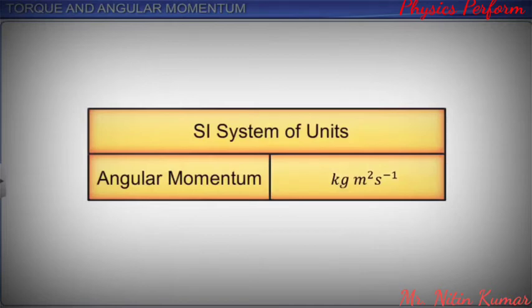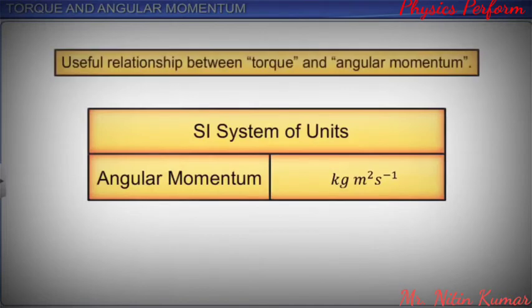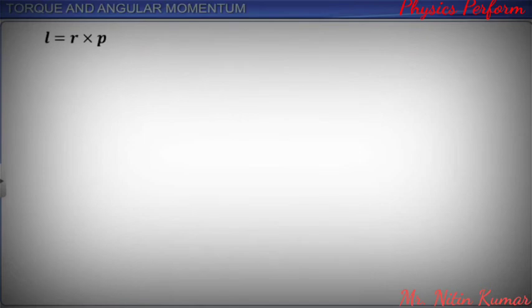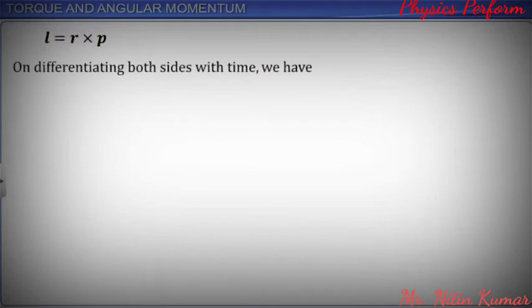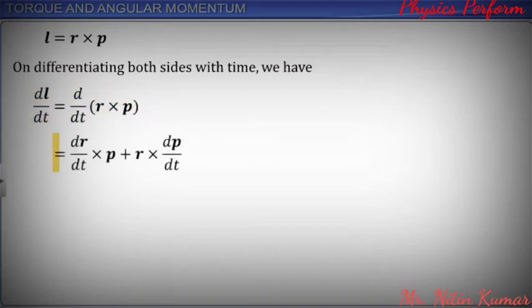We can find a useful relationship between torque and angular momentum. We have L is equal to R cross P. On differentiating both sides with time, dL by dt is equal to d by dt of R cross P, which is equal to dR by dt cross P plus R cross dP by dt.